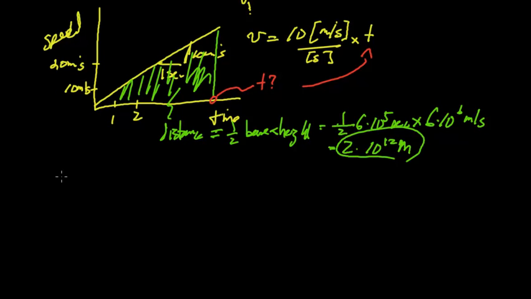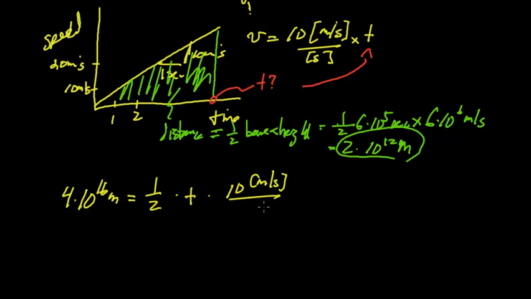So let's say the distance to Alpha Centauri is about 4 times 10 to the 16 meters, and this is going to be equal to 1/2 the base times the height. The base is time, so I'll just call that t, and the height is the speed here, and so I end up with 10 meters per second every second times t. So I just plugged this as the base because I don't have a number for it. I just plugged that into here, and now I can solve for t.